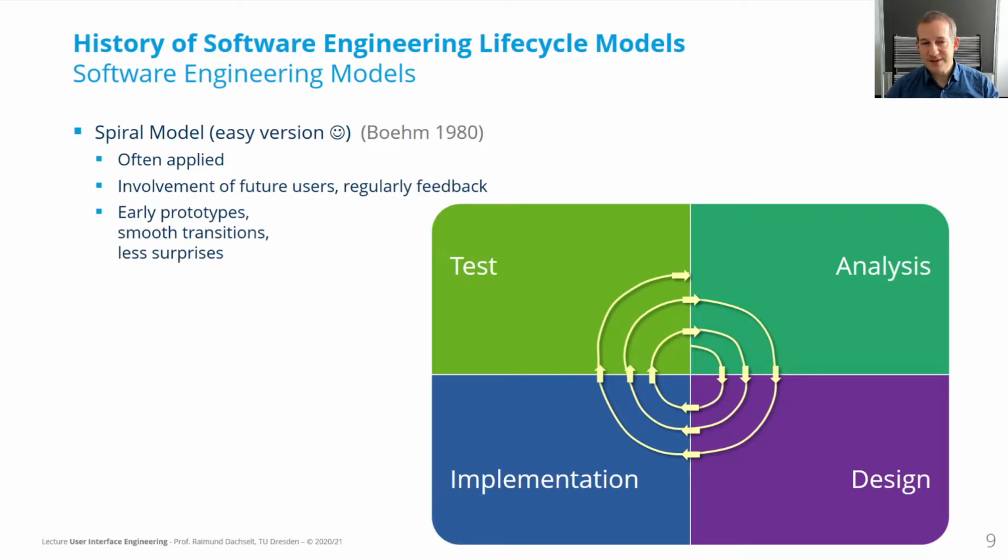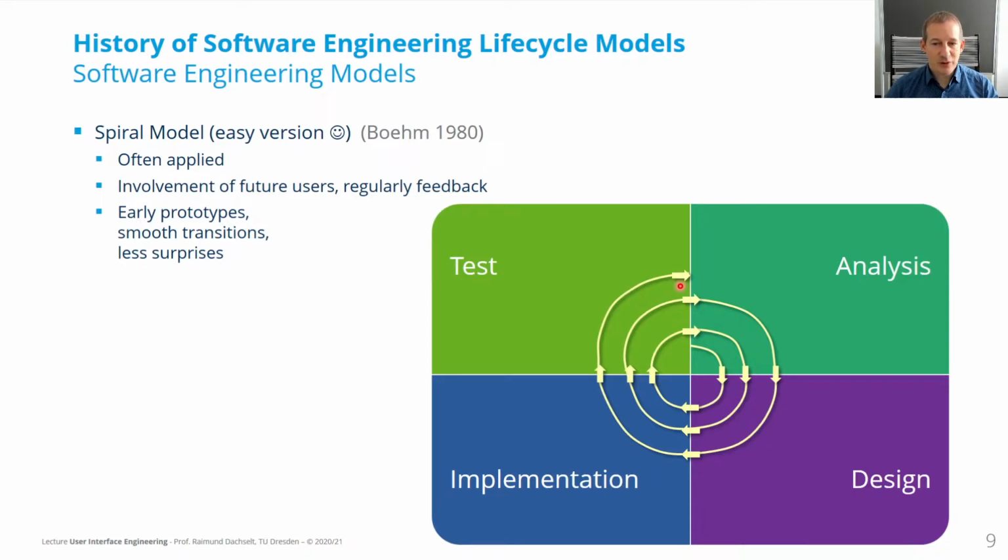It involves the spiral model, future users, or at least future stakeholders, and in particular regular feedback throughout the iterative development. Therefore, prototypes play an important role and smooth transitions between all the phases, so as to arrive at the end with fewer surprises.